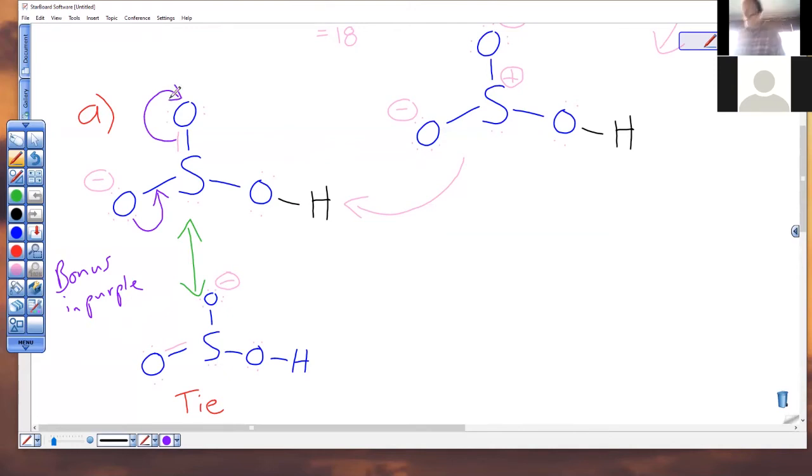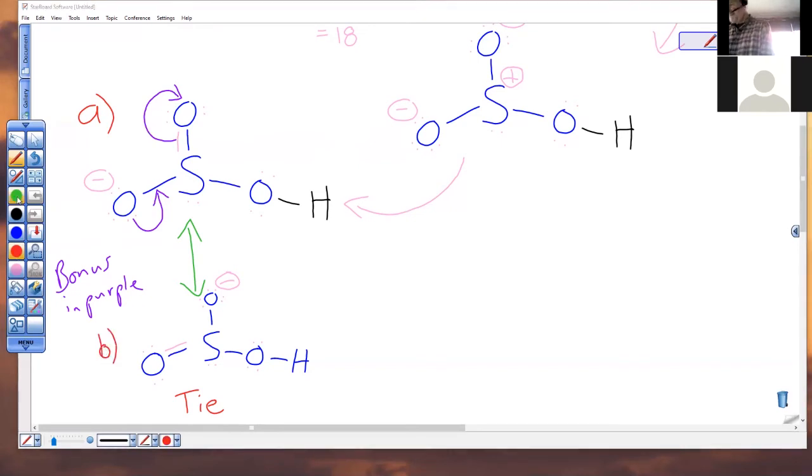That's how it happens. The lone pair resonated in to make a pi bond. That's where this pair of electrons came from. The old pi resonated to the oxygen and became a lone pair. That's where this lone pair came from. And there's a tie. There's another resonance form. So this would be B.